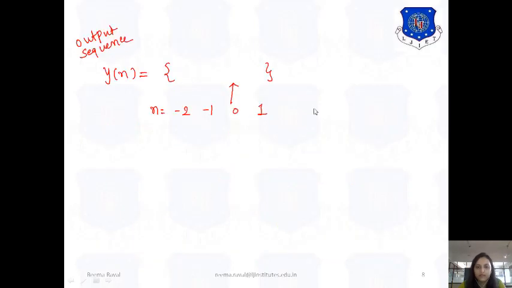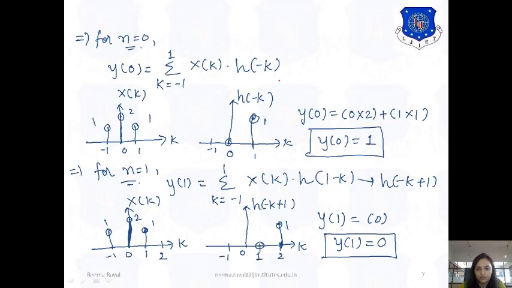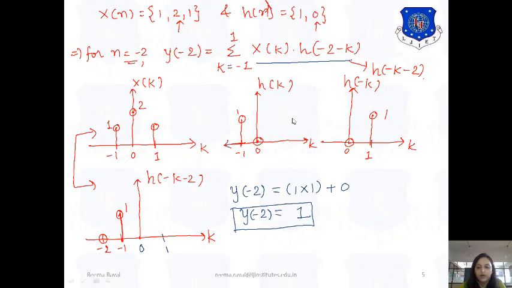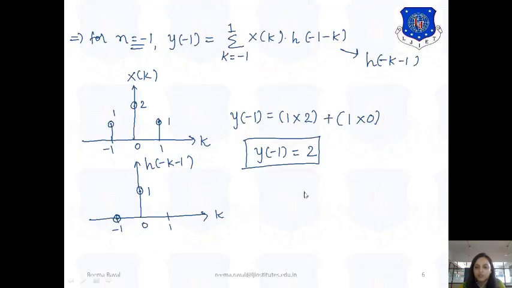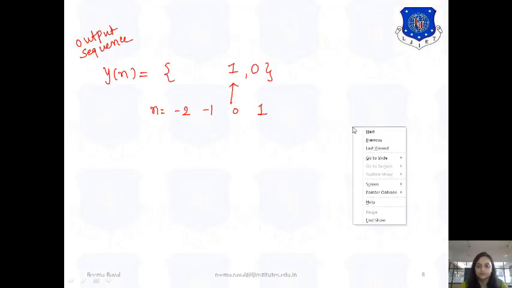Okay, so here it will be 1 and here it will be 0, and at instant n equals to -2 and -1 the values are 1 and 2, right?